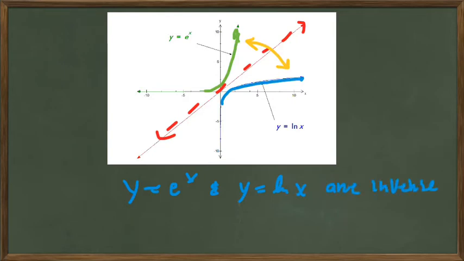When functions are inverses of each other, they obey this property, that if you take the composition of a function and its inverse, or an inverse and a function, you get back to x.